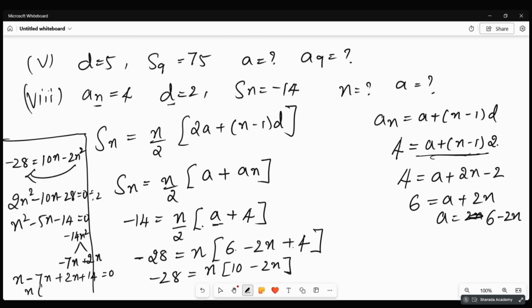So you get 7, right? And if I take the other one, n minus 7, here n plus 2, minus 2. So n is equal to 7 you will get, I think. N is equal to 7.